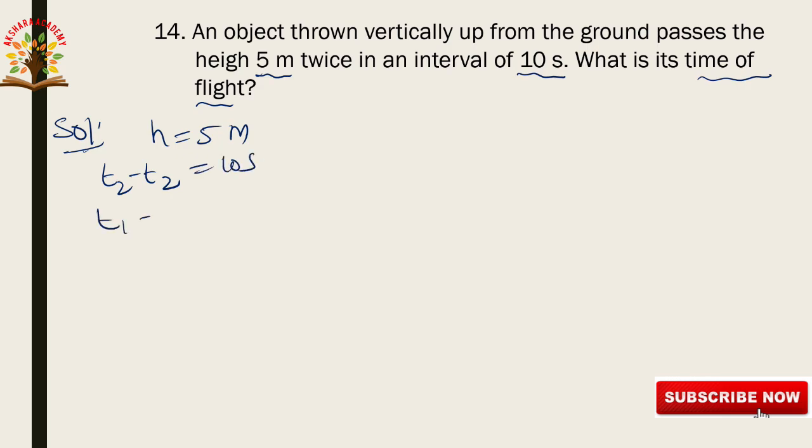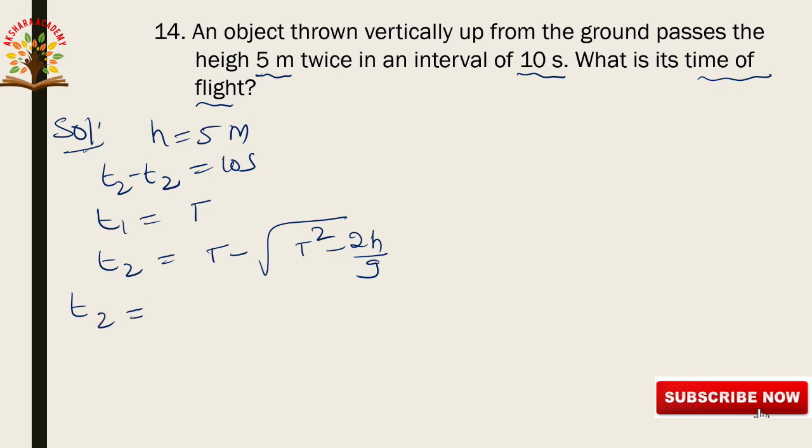Assume that t1 is equal to t minus square root of t square minus 2h by g, where t is the time taken to reach the highest point.